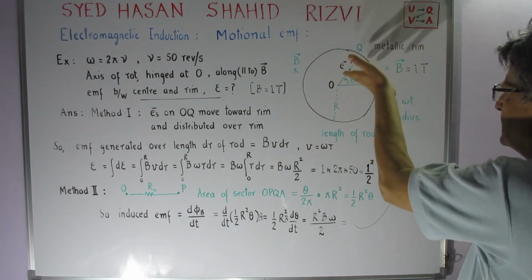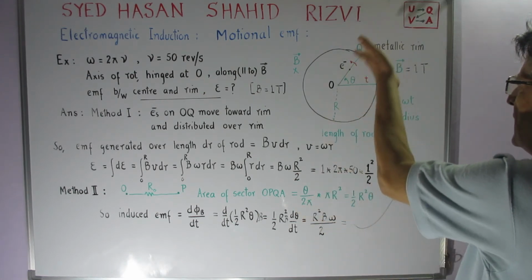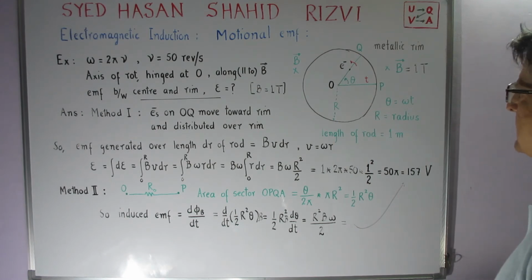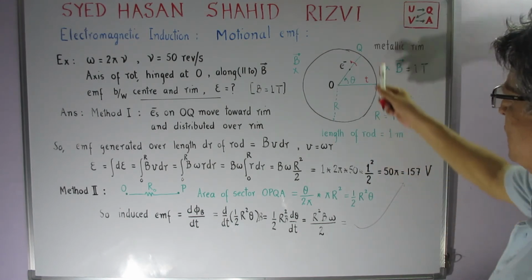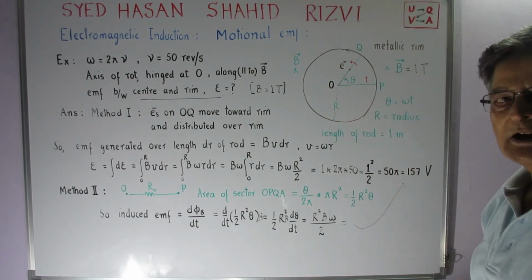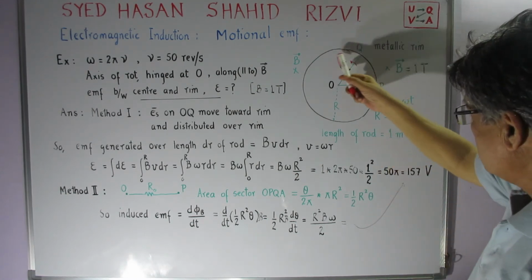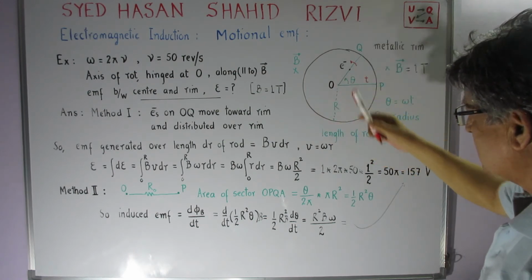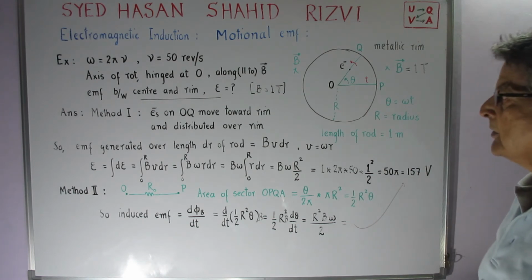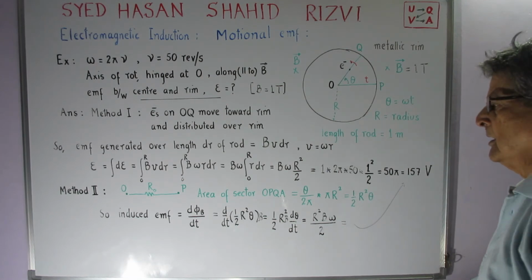Because there is a right angle there, the electrons will be pushed from O to Q, and they will be distributed all over the ring, since the ring is metallic. So there will be more electrons over here and less over here. As a result, an EMF will be generated. This will become positive, this will become negative. Anyway, so what happens?